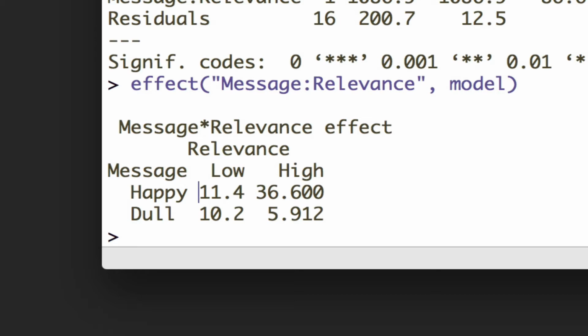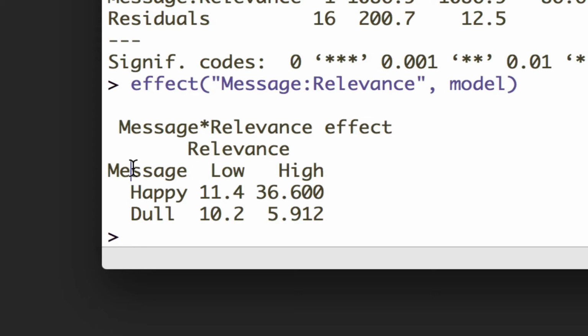Obviously looking at effect sizes is always important. Significance tests don't tell you everything, but it would be nice to have some significance tests to tell us is there only an effect of the type of message when it's high relevance, or is there an effect at both? So that's what simple effects analysis allows us to do.